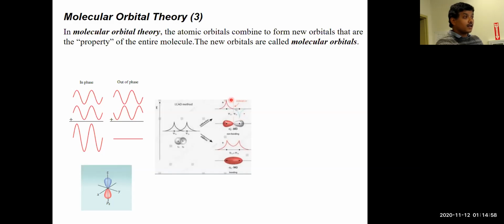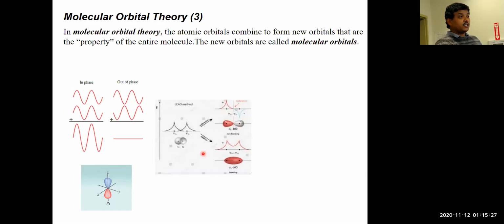As a result, you will have an area here, you see the line here, where you find no electrons. That is what we call a node. So in your second molecular orbital, you have a node in between the two individual atomic orbitals trying to form a molecular orbital.